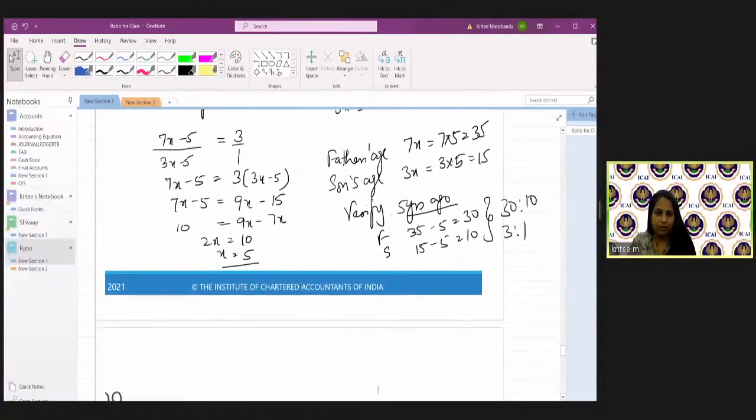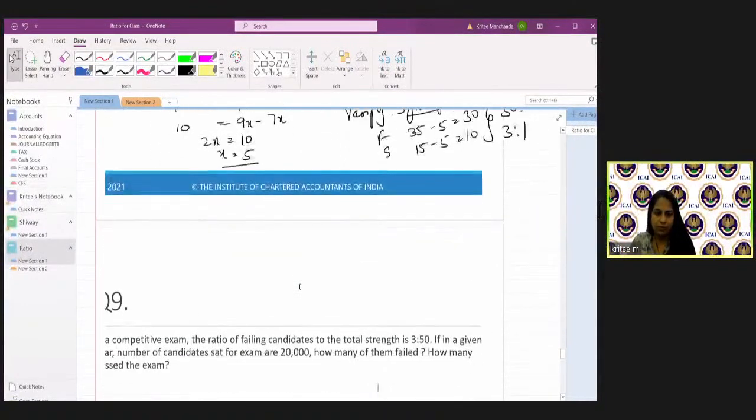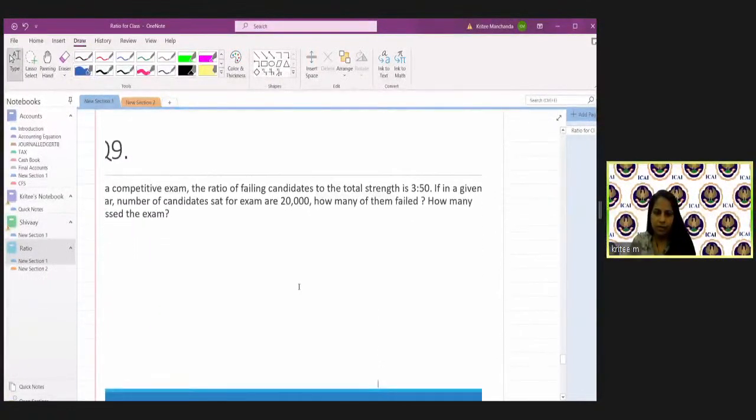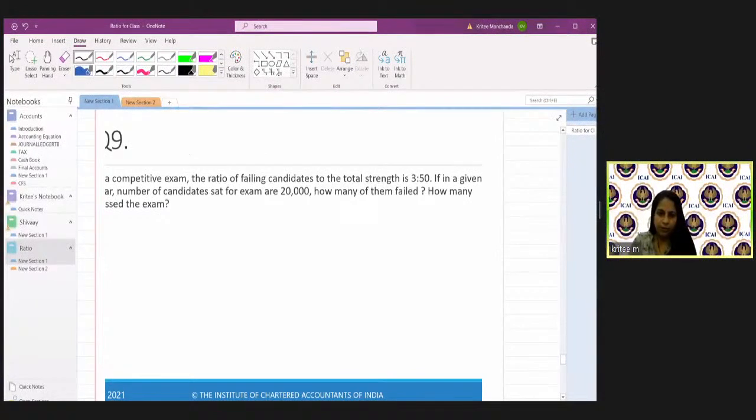Okay, last two questions. In a competitive exam, the ratio of failing candidates to the total strength is 3:50. So if 50 people attempt, it is a sure proportion that 3 would fail and 47 will pass.